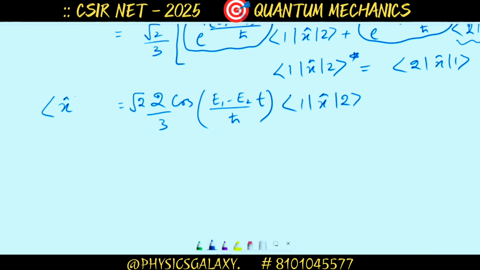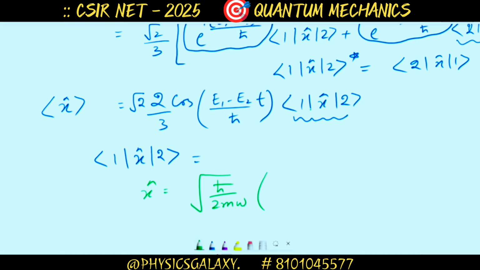So what we need to find is what this <1|x|2> is. We already know that x is an operator, and it equals root of h cut by 2 m omega times the raising operator plus the lowering operator, right?